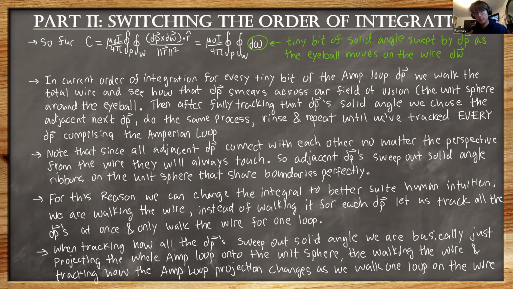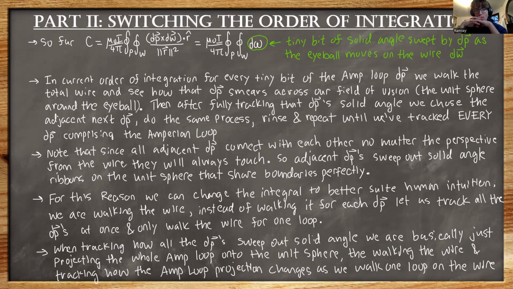The unit sphere around the eyeball is our field of vision, right? Then, after fully tracking how that dP smears across our encapsulating unit sphere, we look at another dP that's adjacent to it. We look slightly over on the amp path and then walk the whole wire again and see how that little dP sweeps across our field of vision. Do the same process, rinse and repeat, until you've tracked every dP comprising the amp loop.